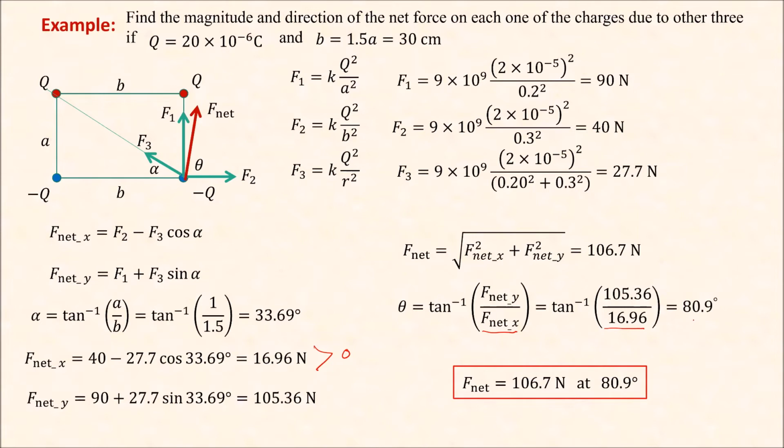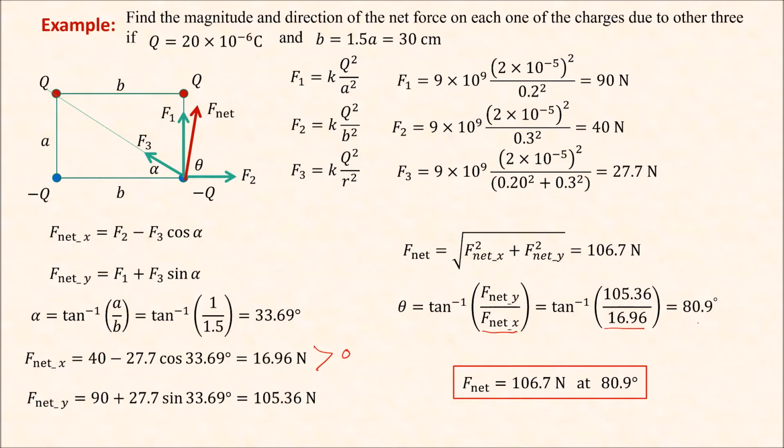But if both of them are negative, then the vector is in the third quadrant, right? Right. And then if you add 180 degrees to this, you get exactly that direction. Okay, I understand now, Professor. You're welcome. All right, and also if one of them is positive and one is negative, the tan inverse becomes a negative value.